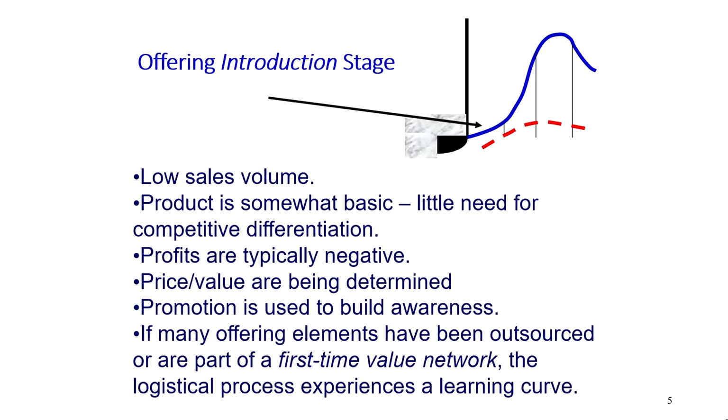And so, this outsourced value network will be in the process of getting built or finalized. There may still be some kinks in that network. So, the logistical process is an emerging learning curve at this stage. These are the characteristics of the introduction stage.